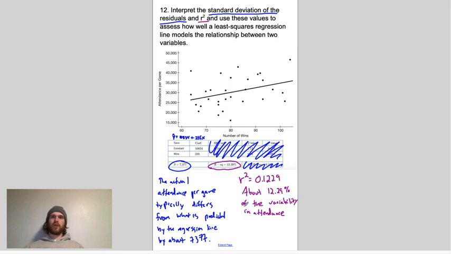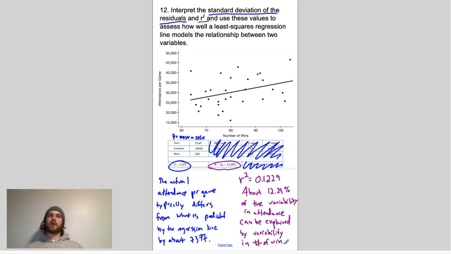About 12.29% of the variability in attendance can be explained by the variability in number of wins.